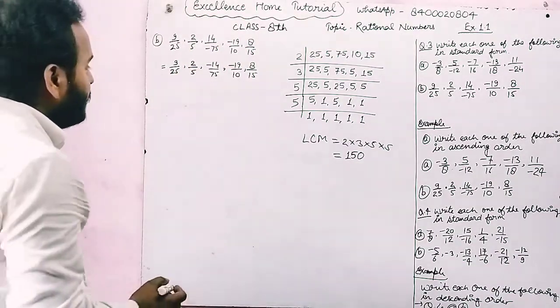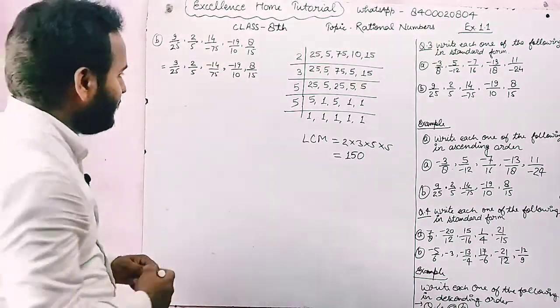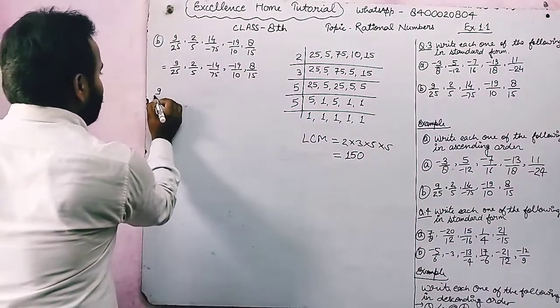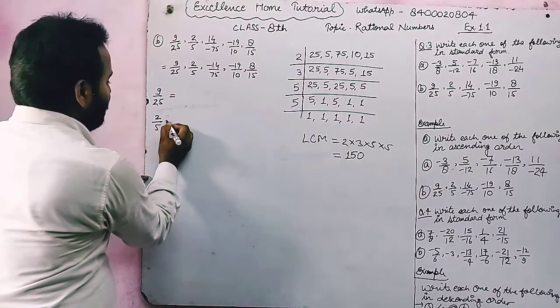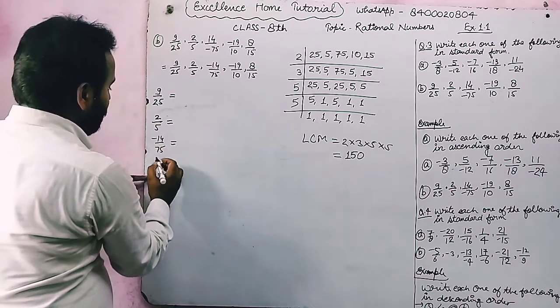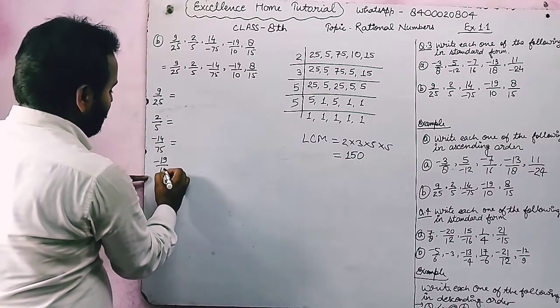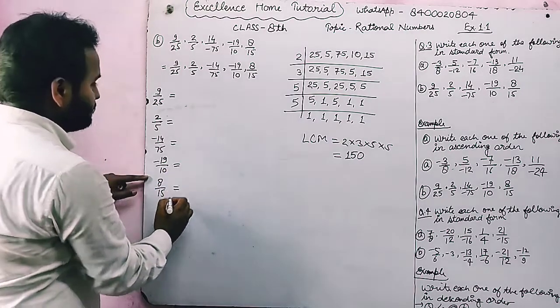Okay. So we have to make every denominator equal to 150. Let's start. 9 by 25 equal to, 2 by 5 equal to, minus 14 by 75 equal to, minus 19 by 10 equal to, 8 by 15 equal to.